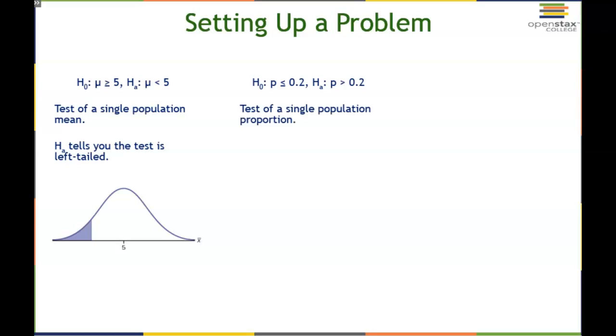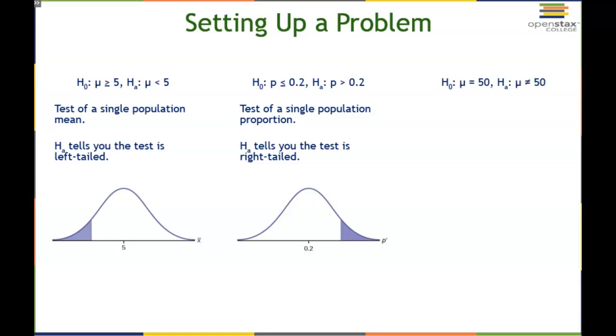So this is a test of a single population proportion. And HA tells us this test is a right-tailed test. That arrow is pointing to the right. We know our proportion is 0.2, so we can sketch a graph of what this problem looks like. We don't have the exact p-value, but at least we can sketch that it's a right-tailed test.